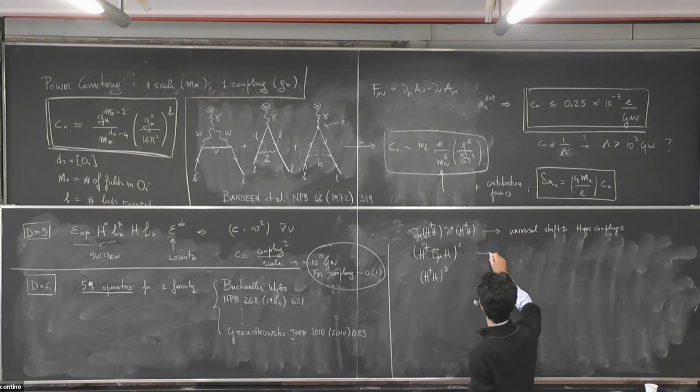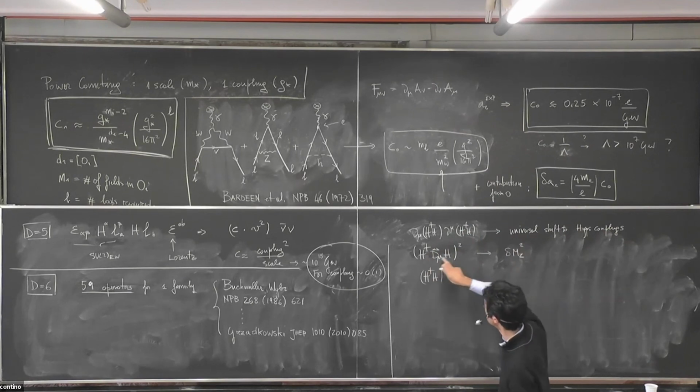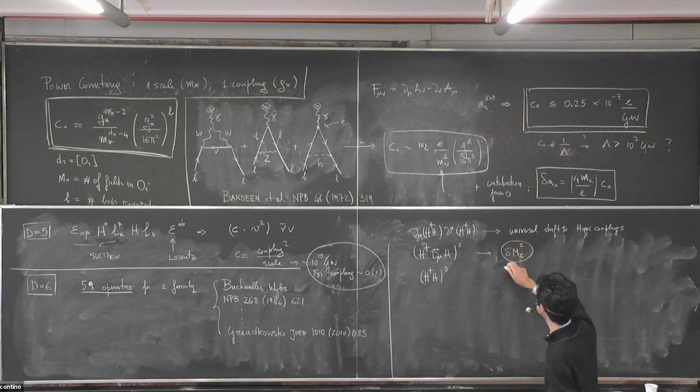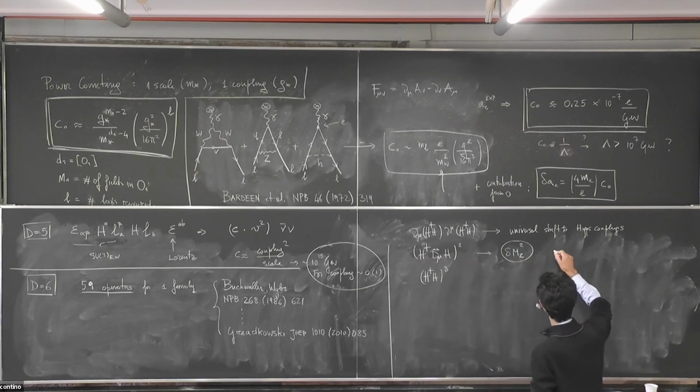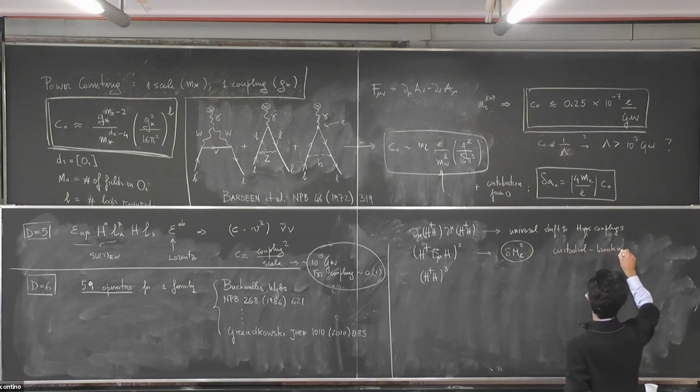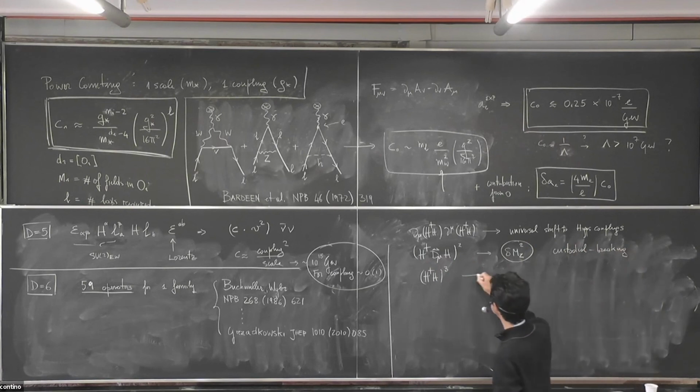This one instead gives a correction only to the mass of the Z. Again, if you set the Higgs to its VEV, you get a correction only to the mass of the Z and not to the mass of the W. There is a symmetry called custodial symmetry, which relates the mass of the W and the mass of the Z, so this is a custodial breaking effect. And this operator finally is the only one basically which has no constraint at the moment.